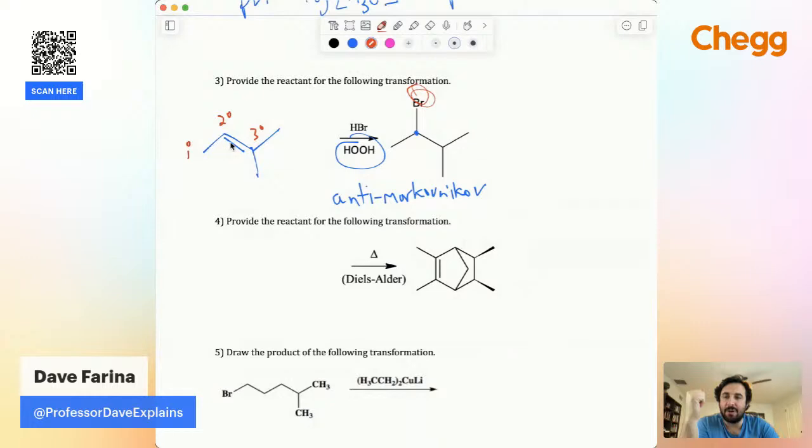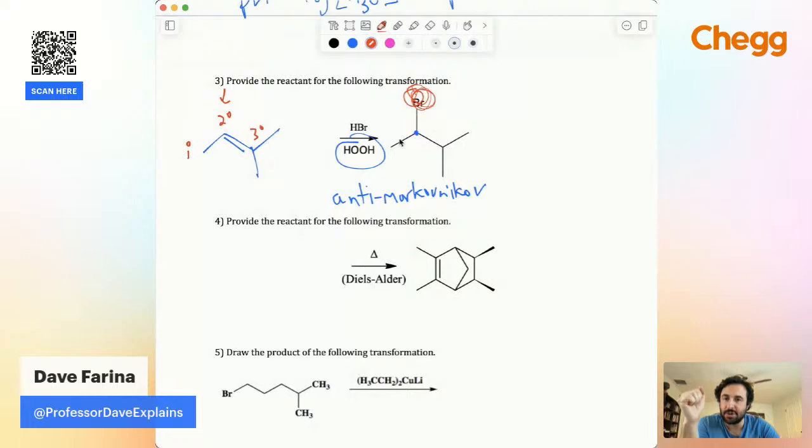If we had put the pi bond on the terminus, on the end of the molecule, then the bromine would have had to go on the terminal carbon. But that's not what happened. So we know the pi bond must have been here because between a secondary and tertiary carbon, the bromine going to the less substituted carbon would be the secondary carbon, which is where we want it.